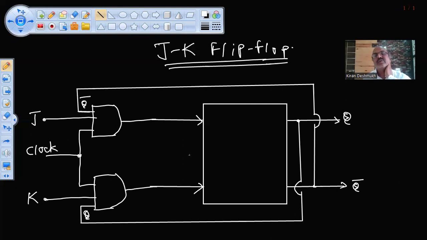Now let us assume how this flip-flop will work. Initially we say that the clock is 0.